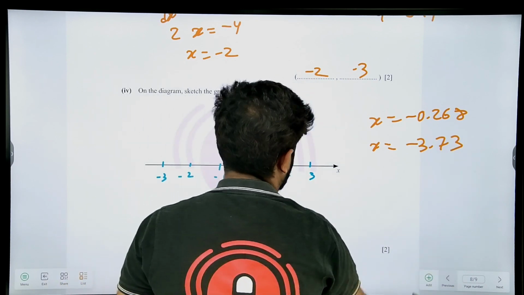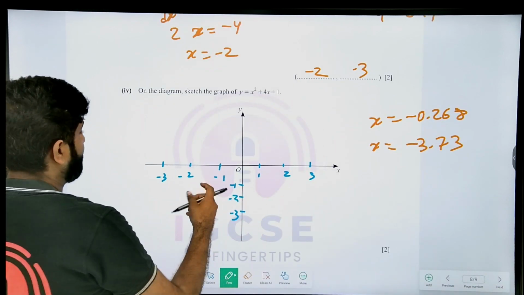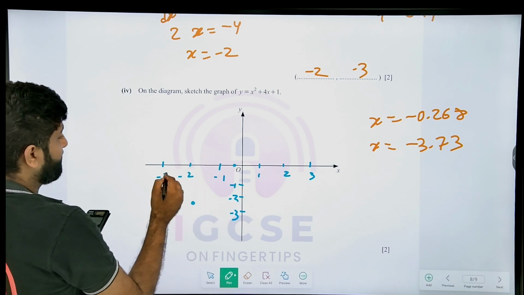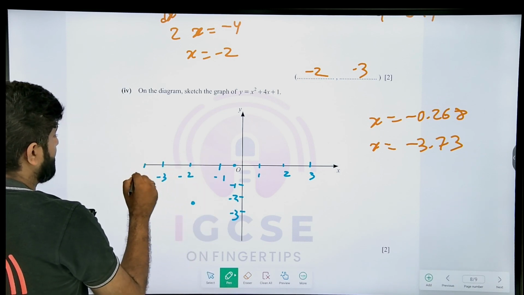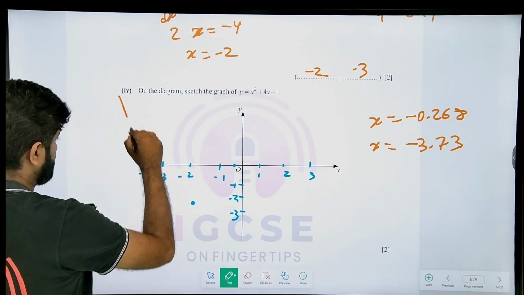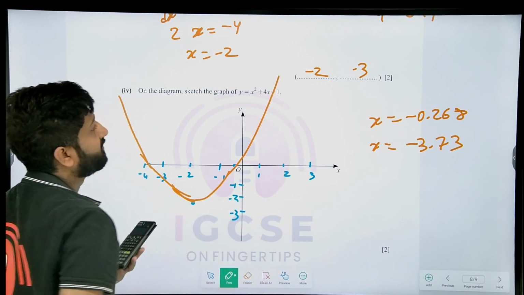So I have minus 0.268, which is somewhere over here, and I have negative 3.73. Let's say this is my negative 4 and this is somewhere over here. So these are my 3 points. That's it. You draw a graph and you are done.